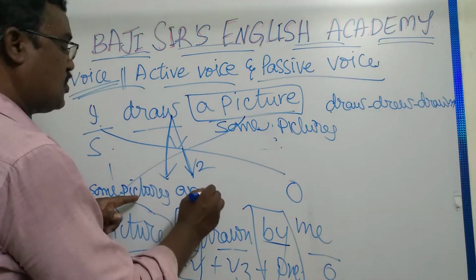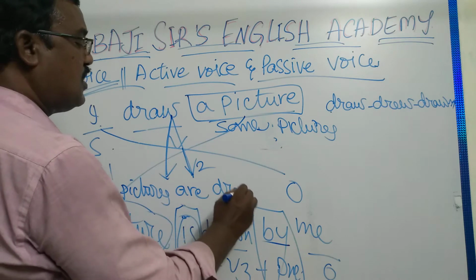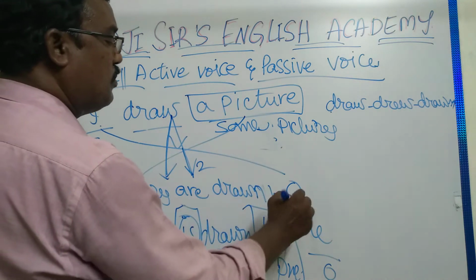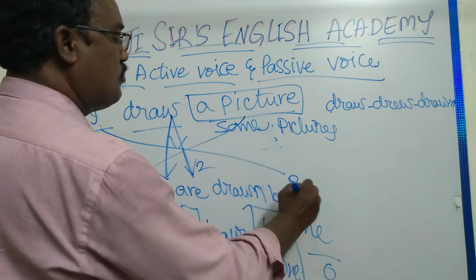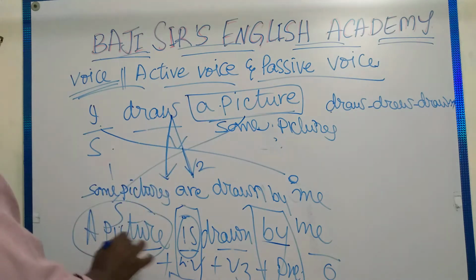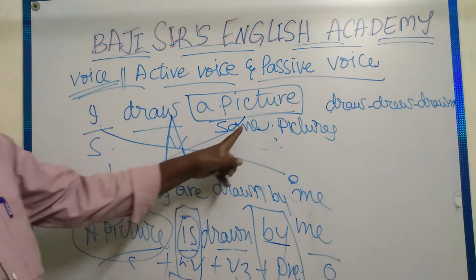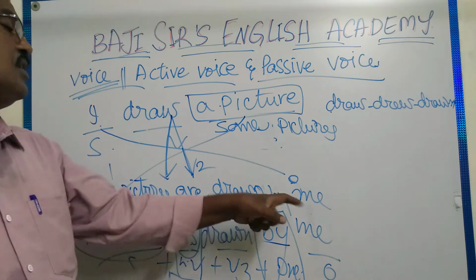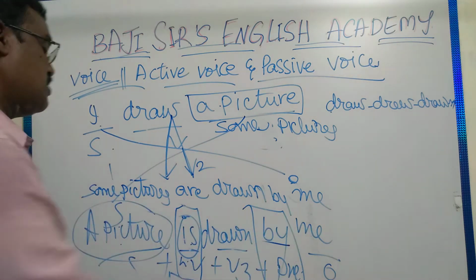Here pictures means plural, and after the B form we always write the V3 form. Drawn by me. So in this way, a picture, which is singular, is drawn. Suppose some pictures are there: some pictures are drawn by me. So here also by me.